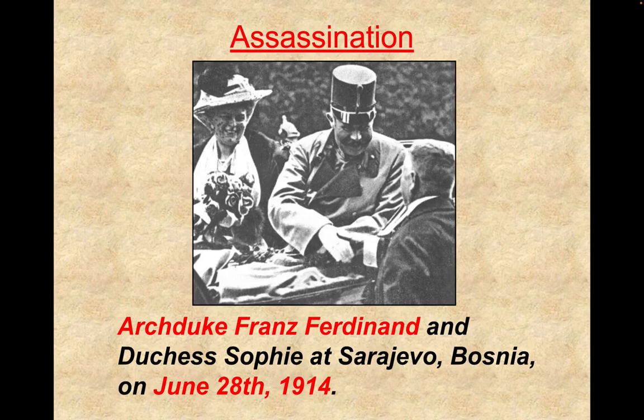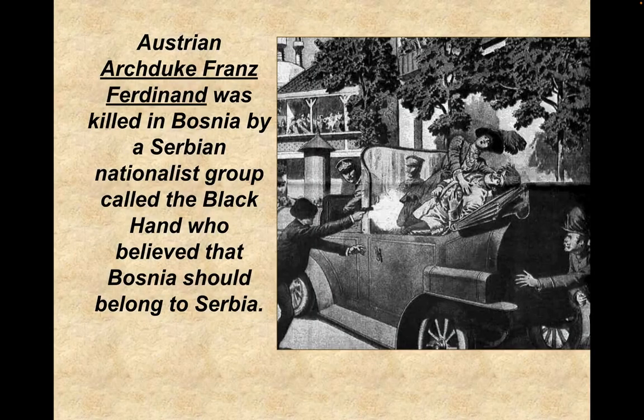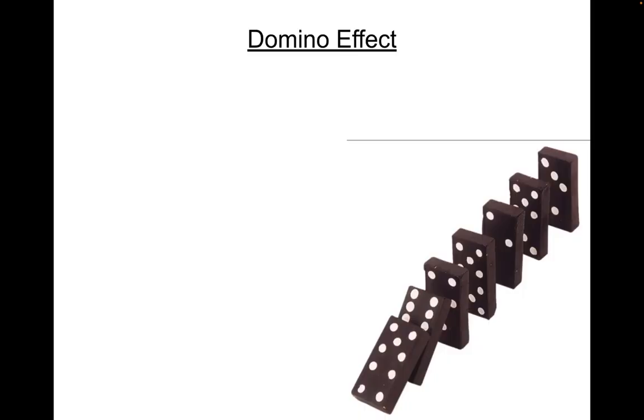June 28th, 1914, Archduke Franz Ferdinand and Duchess Sophie are assassinated, and this lights a domino effect. The reason why the Black Hand wanted to kill Franz Ferdinand was because they wanted Bosnia to belong to Serbia. The domino effect, like I said.